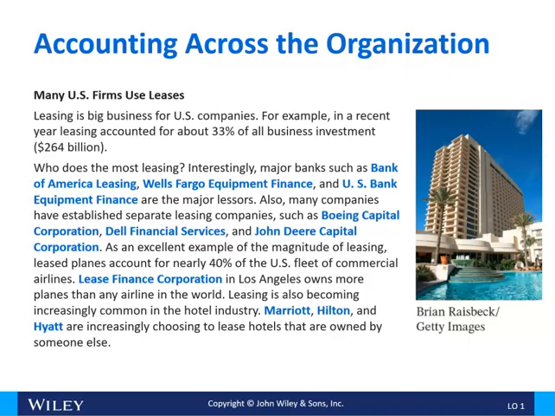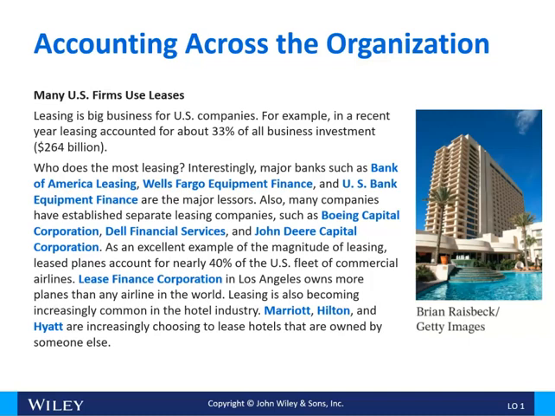Companies also have separate leasing companies: Boeing Capital Corporation, Dell Financial Services, John Deere Capital Corporation. So these are all subsidiaries of those companies. As an excellent example of the magnitude of leasing, leased planes account for nearly 40% of the U.S. fleet of commercial airlines.